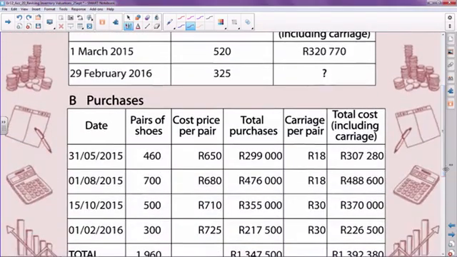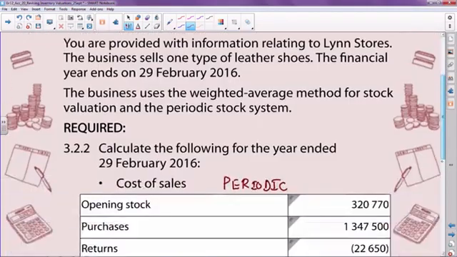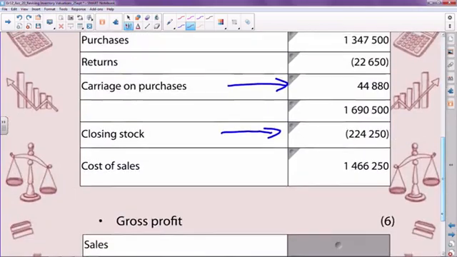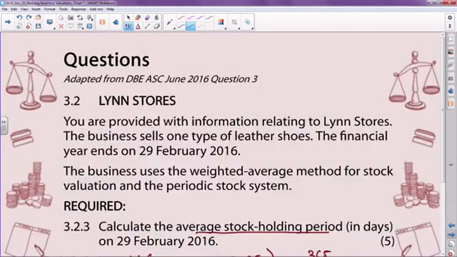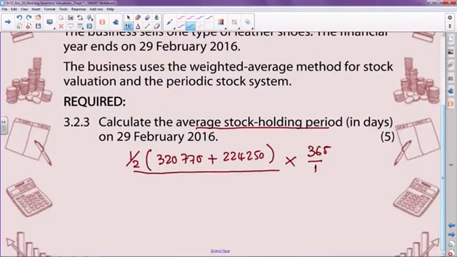And I'm sure you have this question at the back of your minds, but I'm going to answer it for you now. The cost of sales is 1,466,250. The question that you may have is, if this figure perchance was incorrect, the closing stock one, would you still be benefited by the mark?